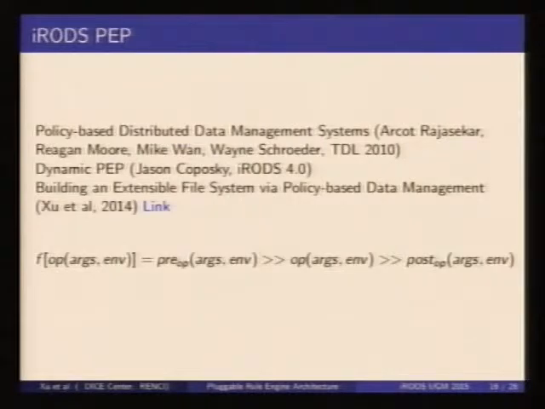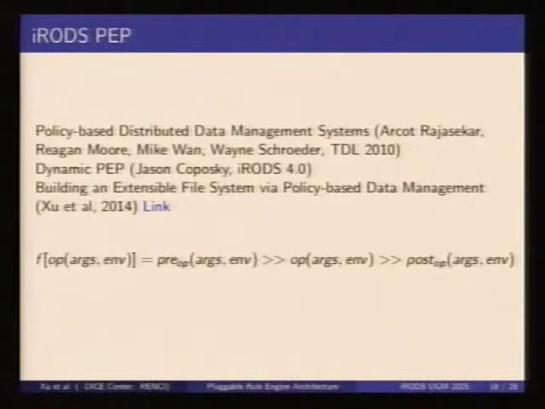And then I published this paper, which formalized the idea of policy enforcement point into a very simple one-line mathematical notation, which basically says, consider F to denote the iRODS core. F is iRODS, right?